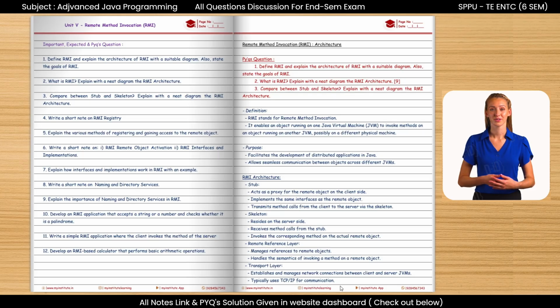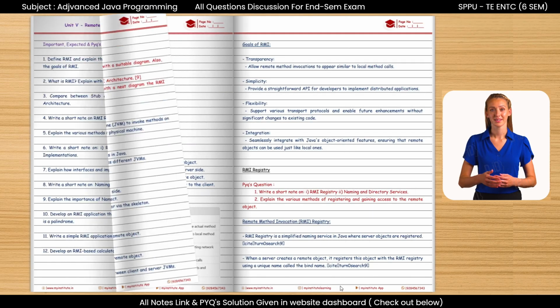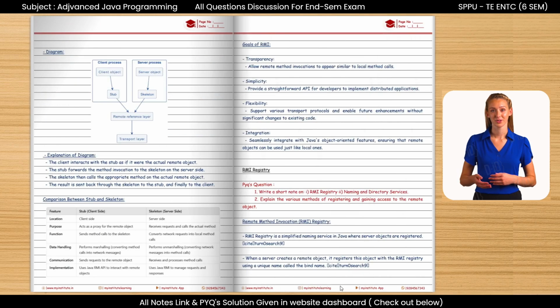Now, let's move on to our next topic, which is the architecture of RMI. From this topic, we can expect the question like, define RMI and explain the architecture of RMI with a suitable diagram. Also, state the goals of RMI. The RMI architecture consists of three major layers: the stub and skeleton layer, the remote reference layer, and the transport layer.